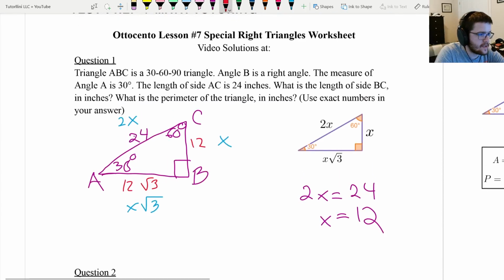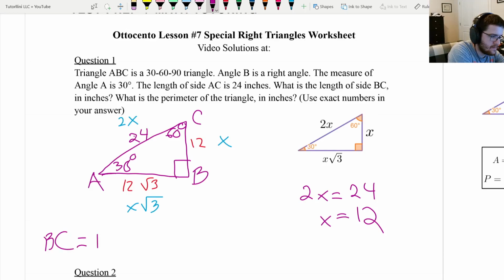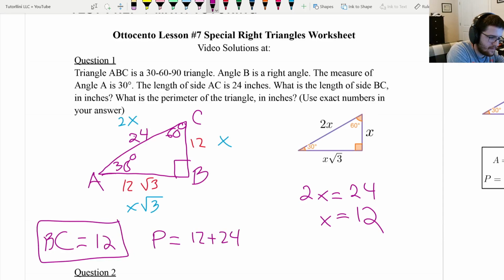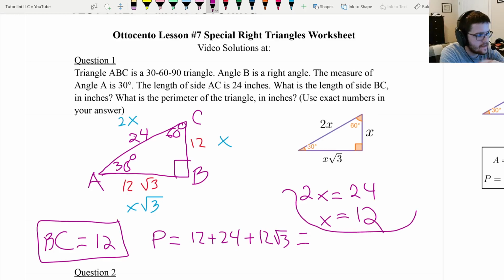So it says, what is the length of side BC? Well, that is 12. And then the perimeter is 12 plus 24 plus 12 root 3, which should be, I think, 36 plus 12 root 3.